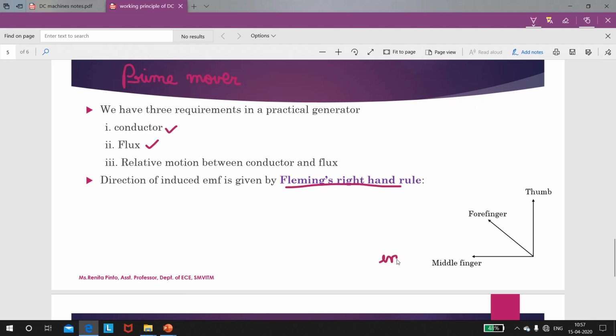The thumb will give the direction of the motion of the conductor, and the forefinger will give the direction of the field.